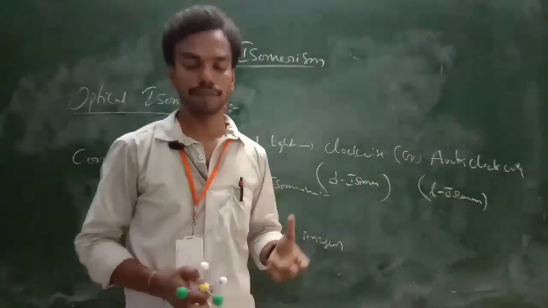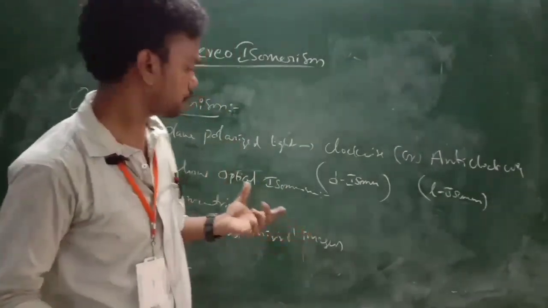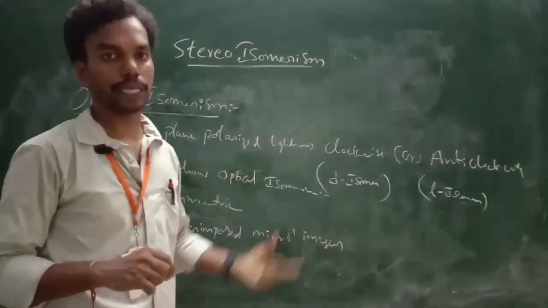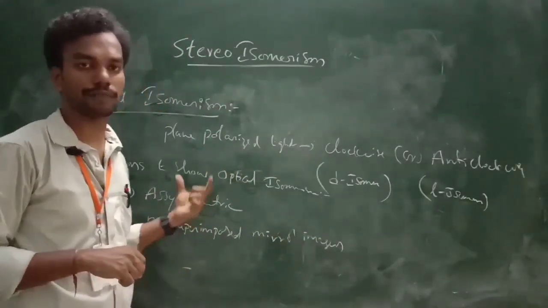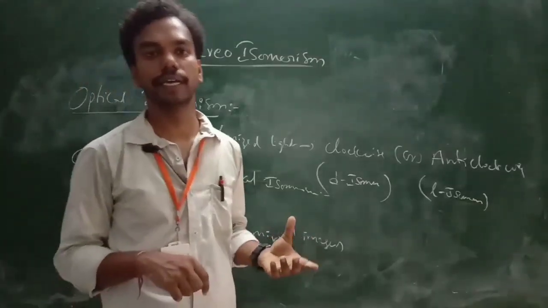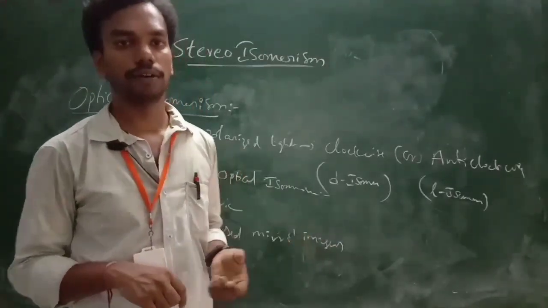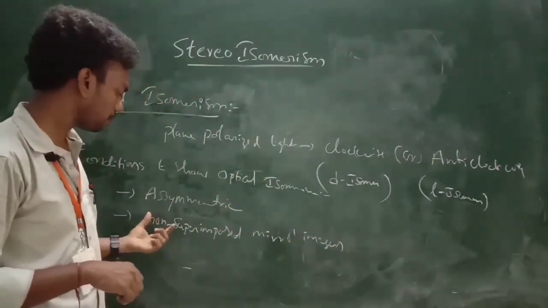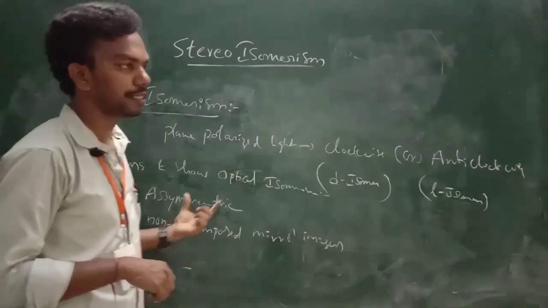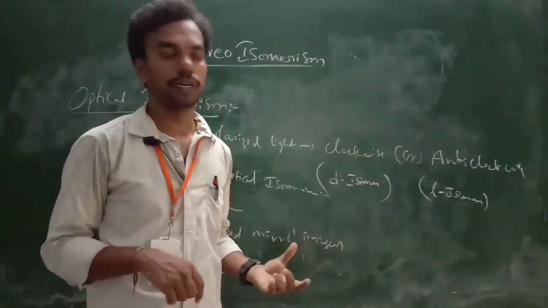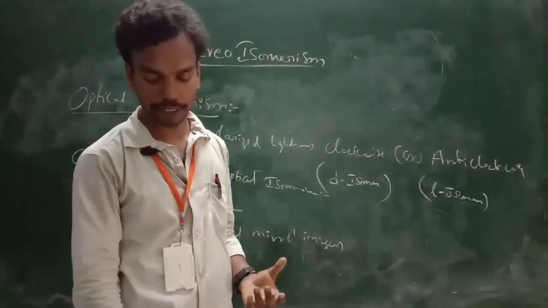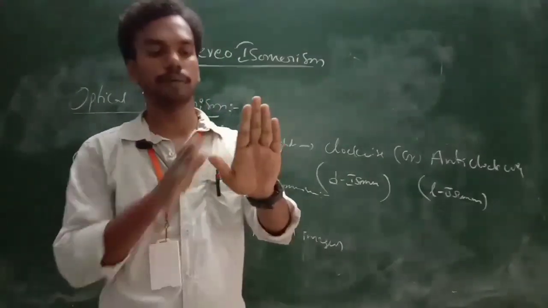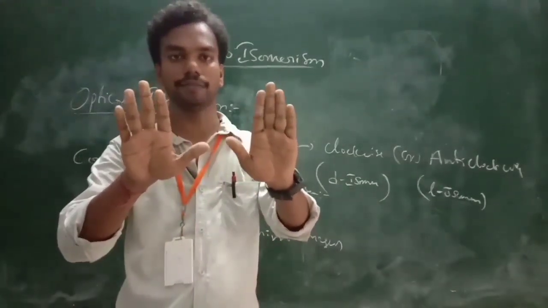For a complex to show optical isomerism, that complex should not have any type of symmetry, like plane of symmetry, center of symmetry and rotational axis of symmetry. And the second thing is that the mirror images of the compound are non-superimposable. Let's say the mirror images are the left hand and right hand.